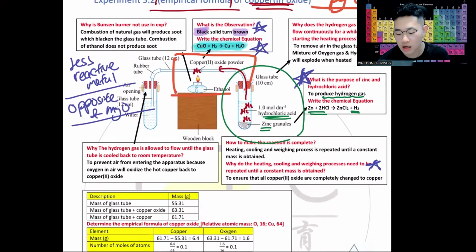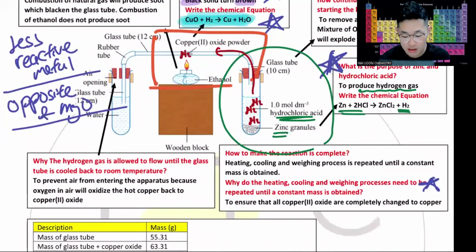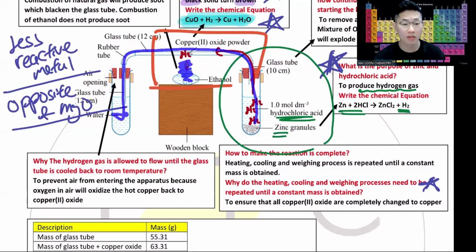So why does the hydrogen gas need to flow continuously for a while before the heating process is started? Before you heat the metal oxide with hydrogen gas, you have to let the hydrogen gas flow for a few minutes.